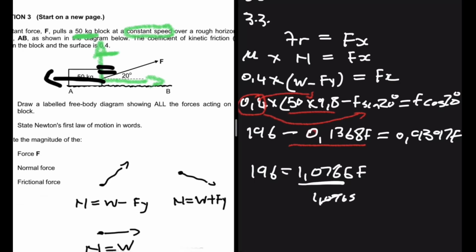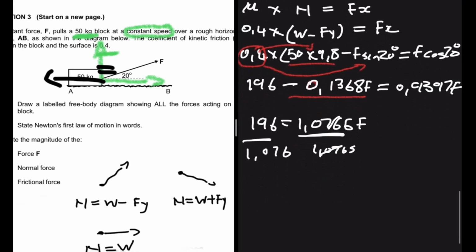Because we're looking for the value of F. So 196 divided by 1.0765 is equal to 182.07. So that will be 182.07 newtons, right? So the force applied is 182.07 newtons.